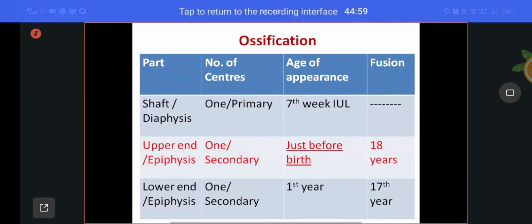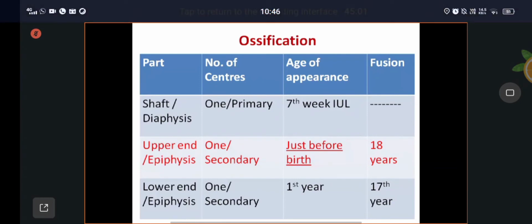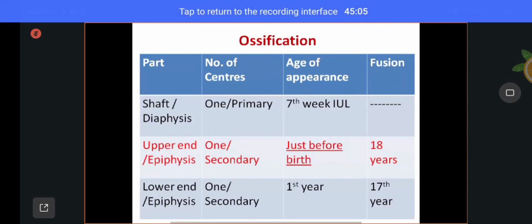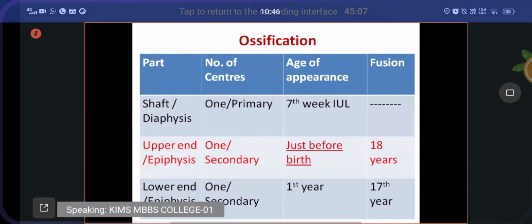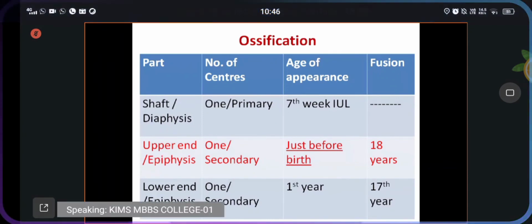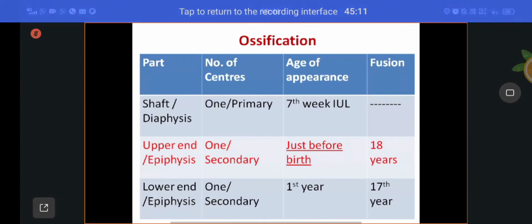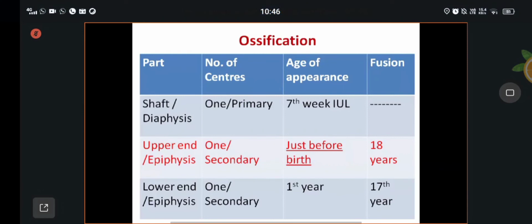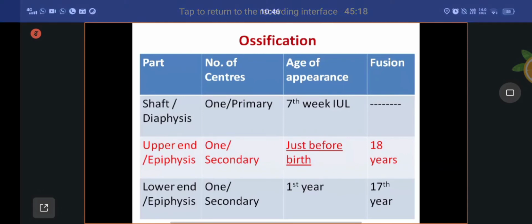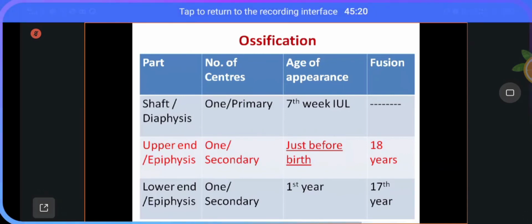The secondary ossification centers appear after birth. That means the ends and epiphysis start their ossification after birth. Hence, they are called secondary centers. Primary means before birth, secondary means after birth.